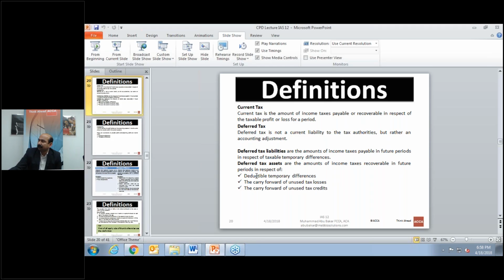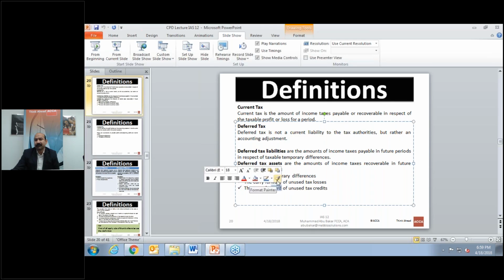Deductible temporary differences mean, for example, unrealized profit on stock. But a deferred tax asset can also arise from tax losses, and the treatment will be the same. You need to look at your future results. If these will be reversed, then only should you recognize this asset. For an asset, we are prudent so far as its recognition is concerned.